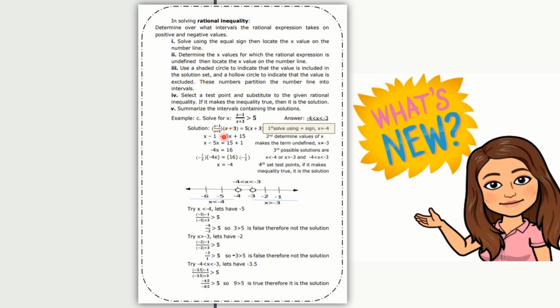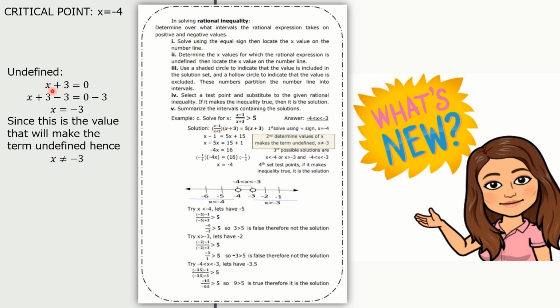So we get a solution similar to example A, x equals negative 4. This is our first critical point, and it is also shown in this number line. The second step is to determine the x values for which the rational expression is undefined, and then locate the x value again on the number line.